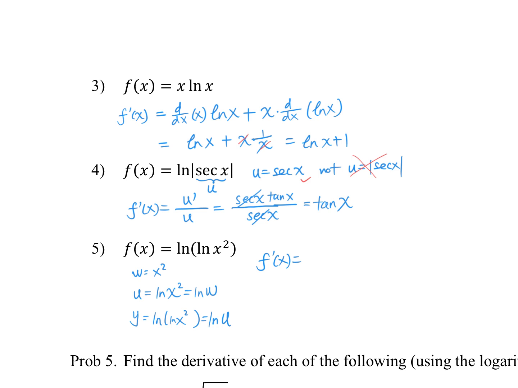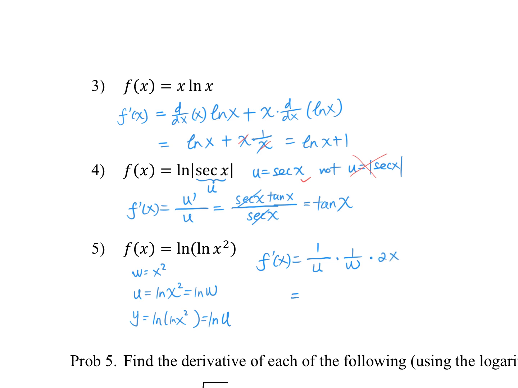So therefore the outermost will be 1 over the u, right? If you feel comfortable replacing the u with ln x squared, go ahead and do that, times the derivative of the middle one, which is 1 over the w, right? Times the derivative of the innermost one, dw, well, basically we can just write it out now, which is 2x.